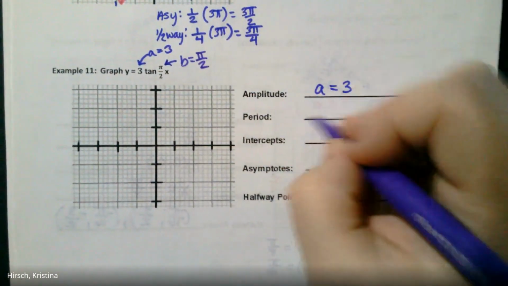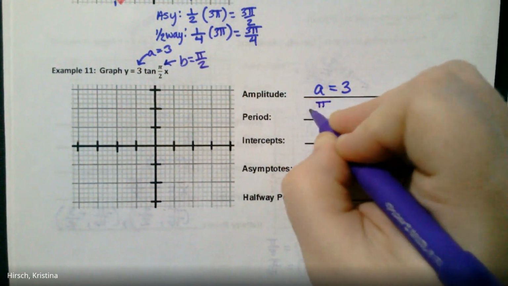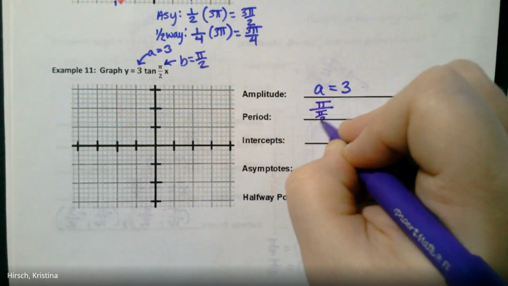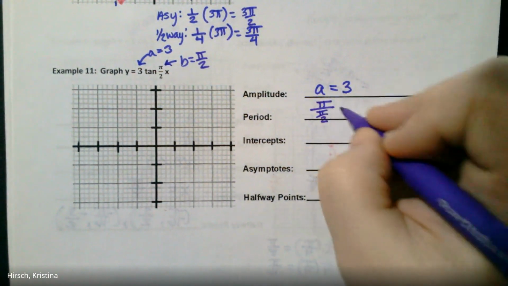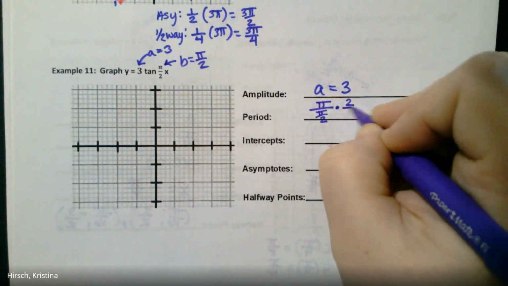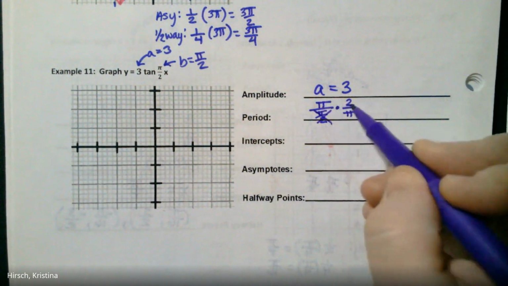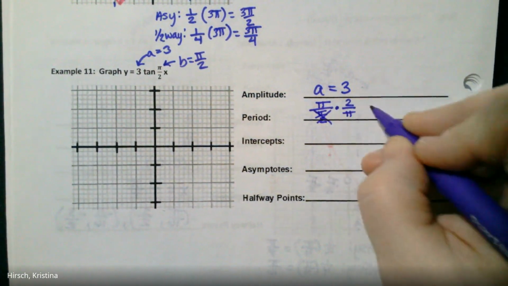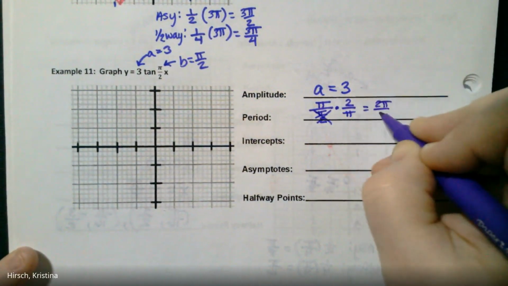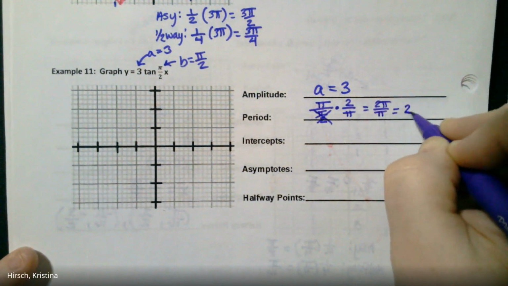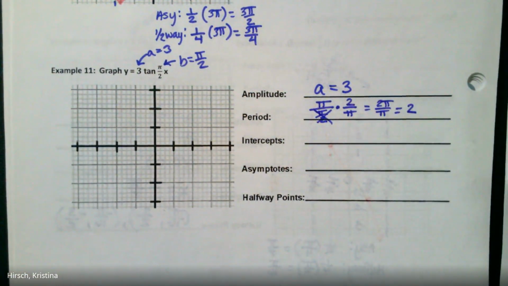All right, so pi divided by pi over 2. Well, we are dividing by a fraction, so we're going to multiply by 2 over pi, which is the reciprocal. Well, the pi's cancel, so 2 pi over pi would give me just 2. So I have a period of 2.